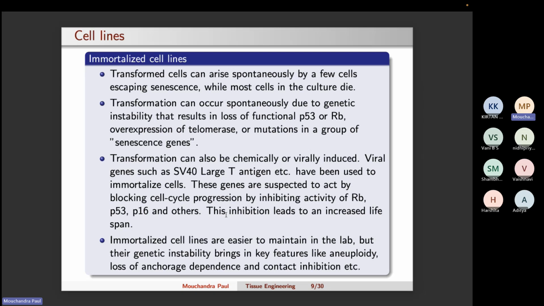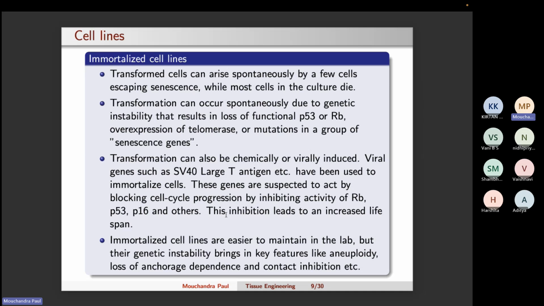So checkpoint proteins like p53 and Rb are very, very important. If the cell escapes the checkpoint, it will become cancerous, and whatever abnormality was there, it will start multiplying.